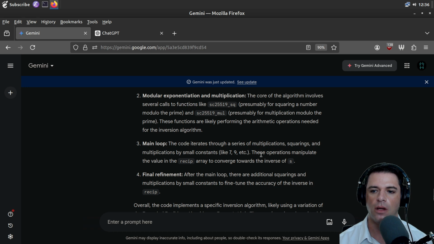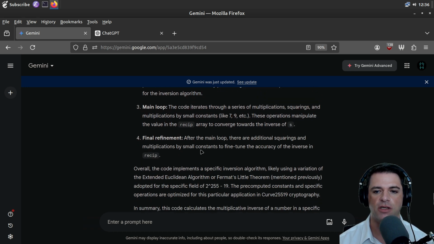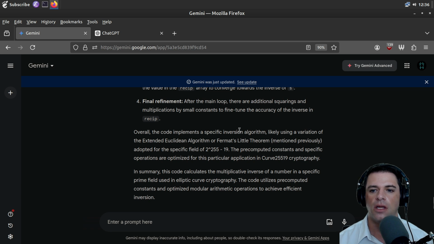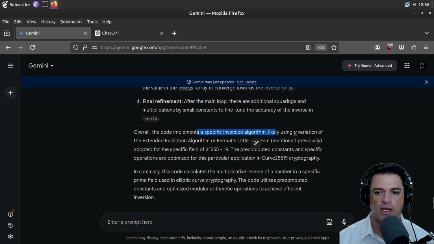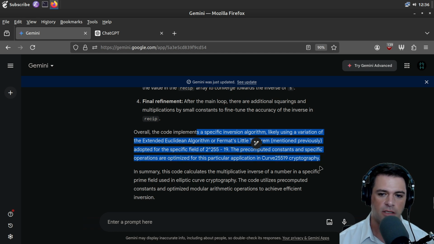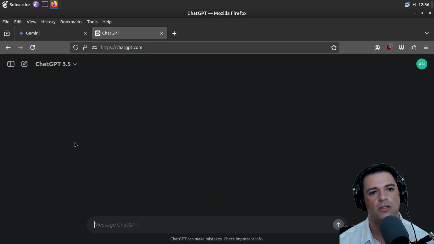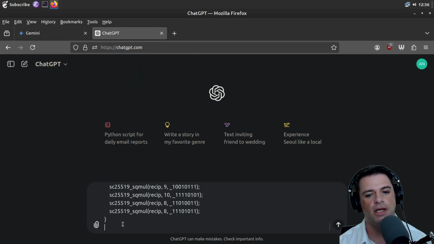These operations manipulate the value of the recip array to converge towards the inverse of S. After the main loop, there's an additional squaring and multiplications by small constants to fine-tune the accuracy of the inverse in recip. It implements a specific inversion algorithm, likely a variation of the extended Euclidean algorithm, et cetera. Okay, so there's some significant optimization, I guess.